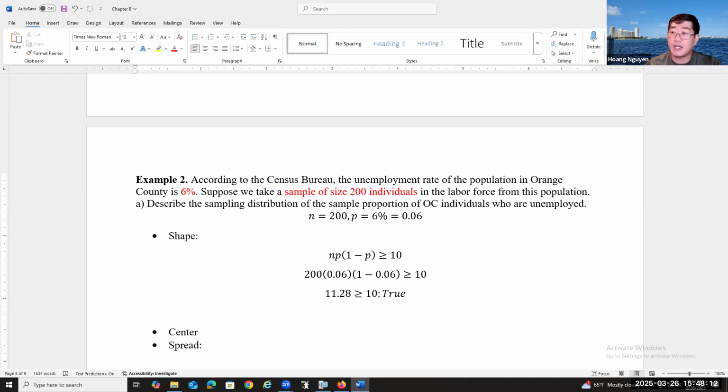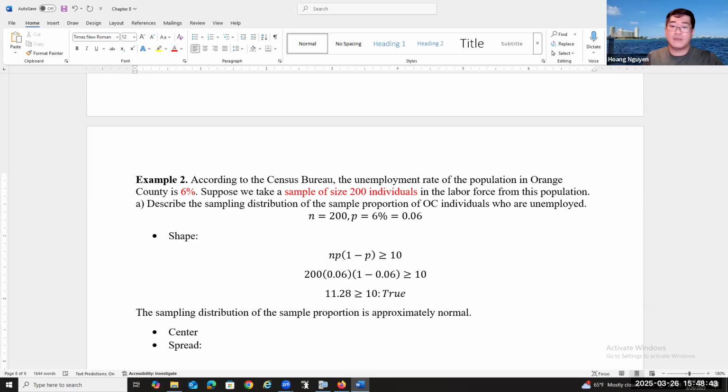So because this condition is true, we can say that the sampling distribution of the sample proportion is approximately normal. Okay, so we just determined that the distribution will be approximately normal.